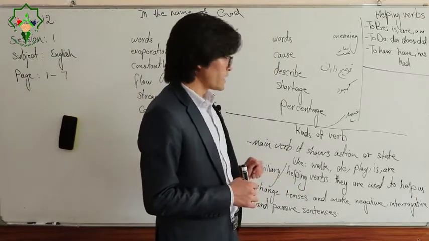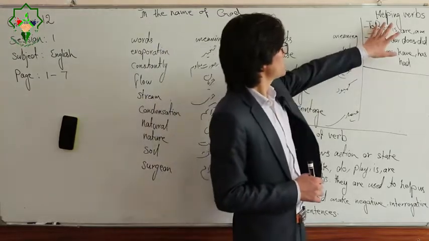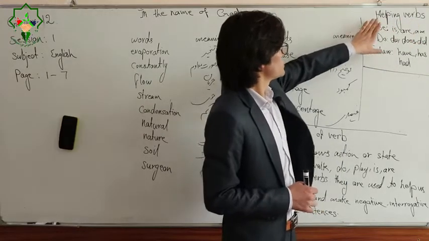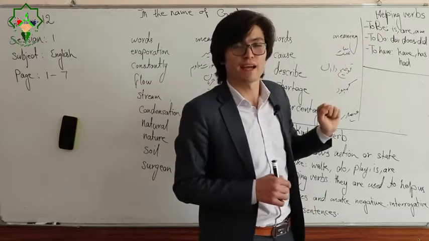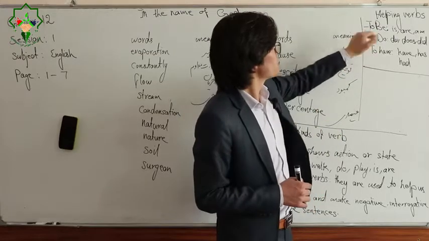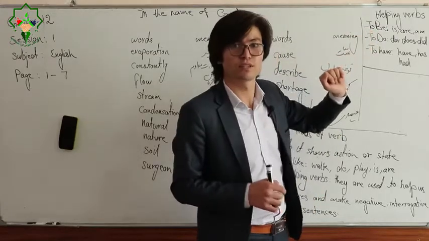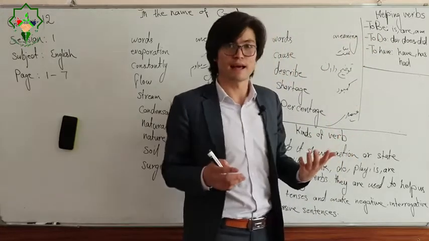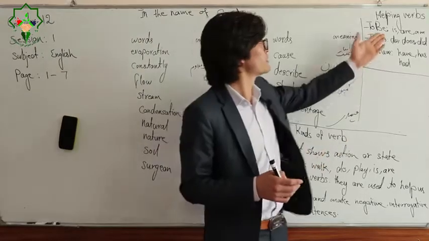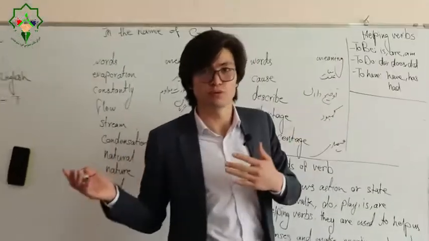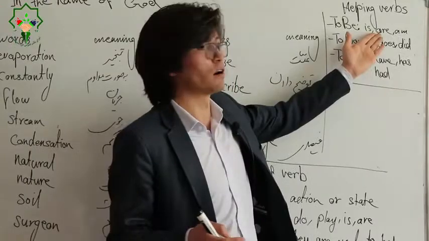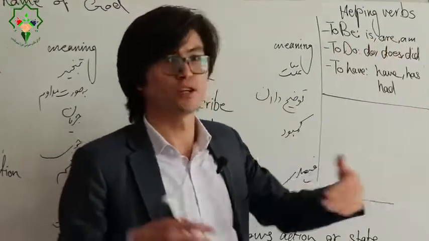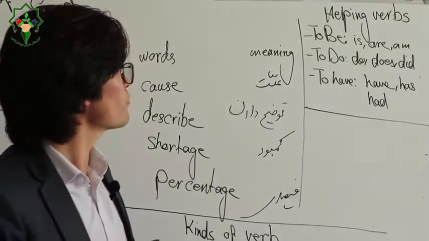So what are helping verbs? They can be divided into three categories. The first one is the to be verb, or simply to be. To be is are, am, and their past forms: is changes to was, are changes to were, and am changes to was.